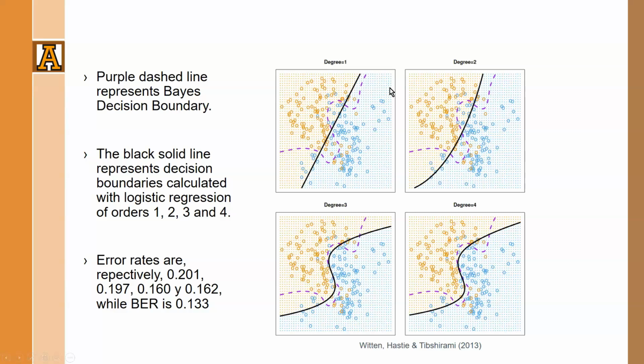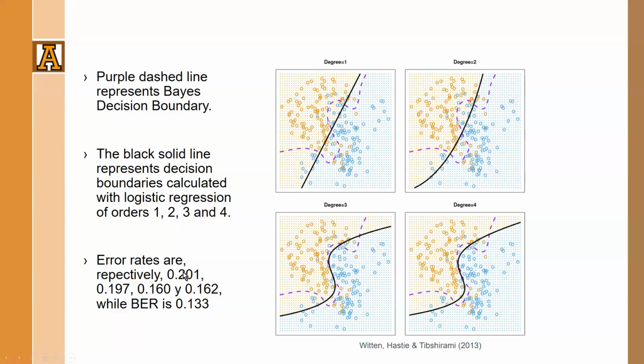So this is logistic regression with a polynomial of degree 1, degree 2, degree 3, and degree 4. It looks like the best choice would be 3.